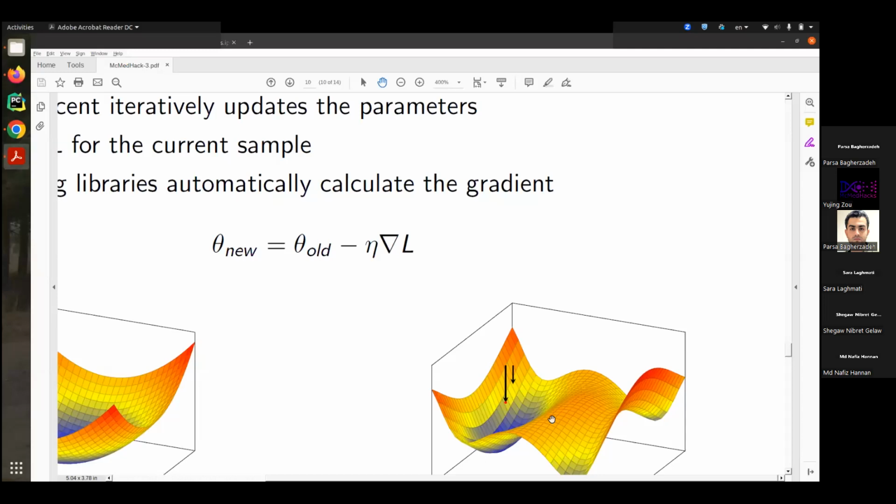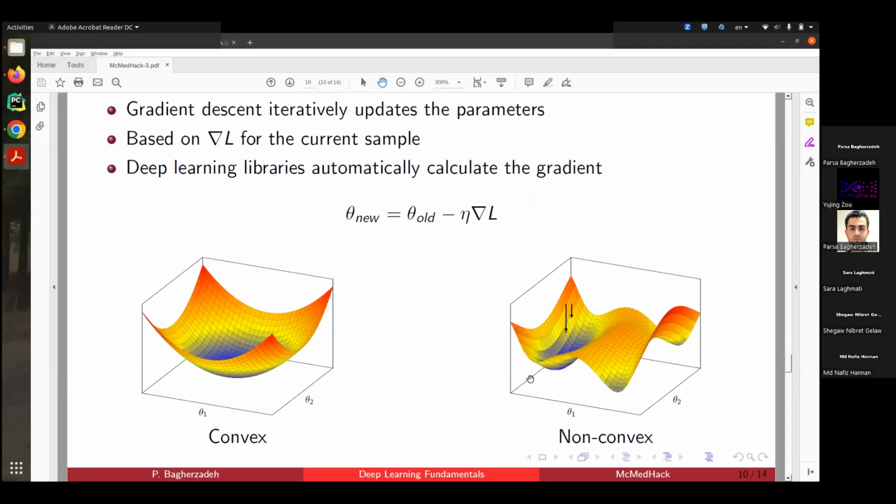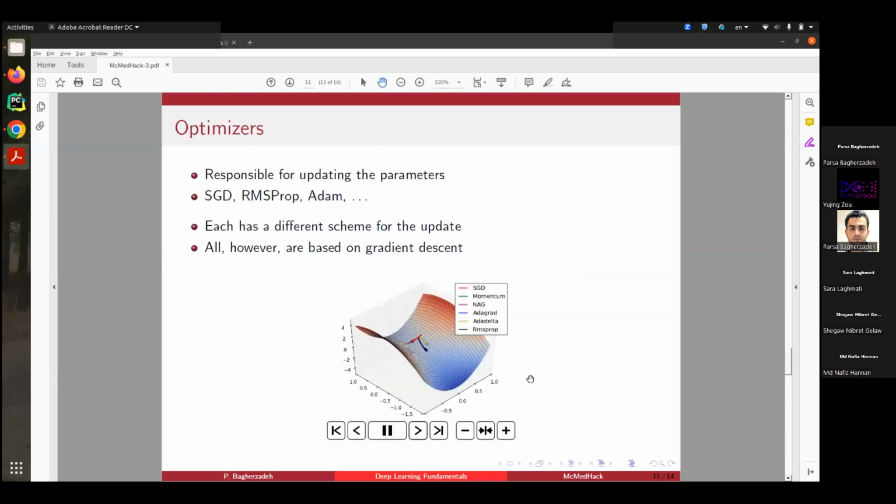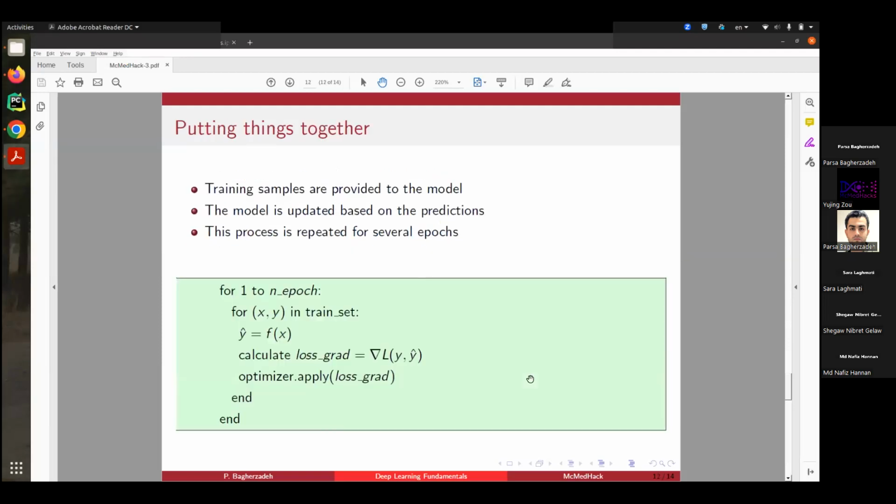Then you might jump to this part, going back to where you were, jumping up and down and basically oscillating on the same parameters that you had before. So the choice for the learning rate and the choice for the optimizer are very important.